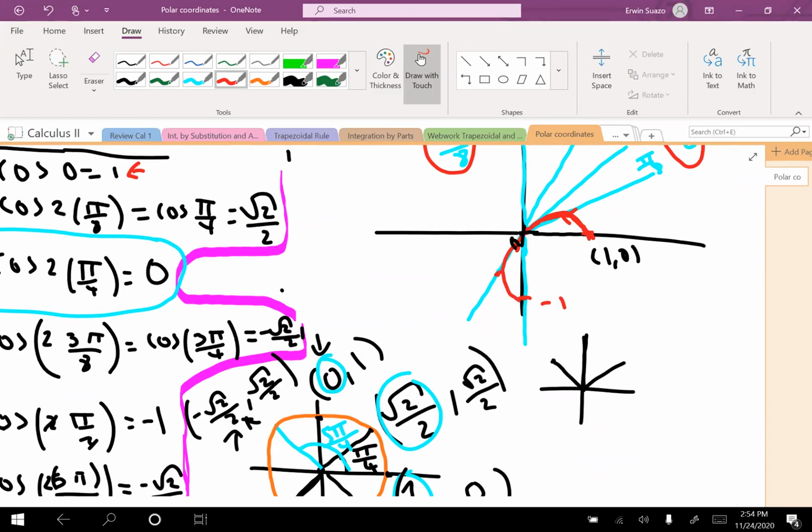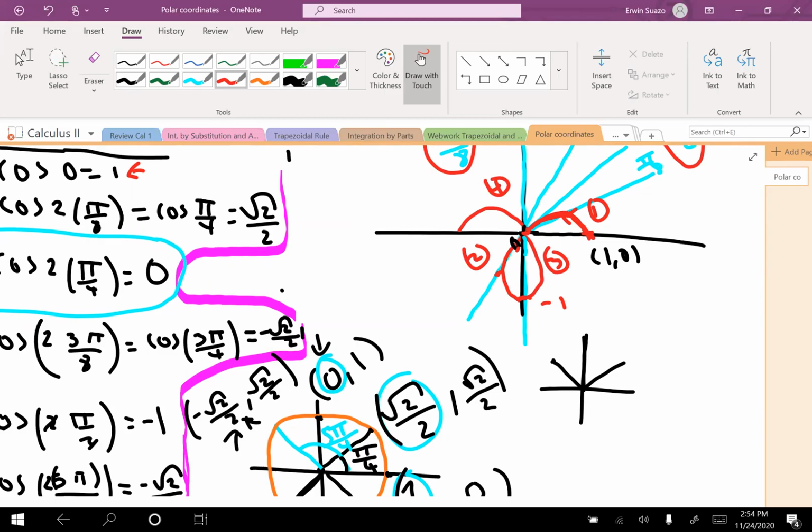Okay? So if you continue doing this tiling exercise, this will be the first one. This will be the second one. The third one will go like this. The fourth one will be this one.